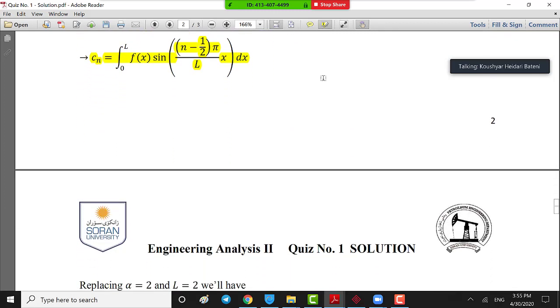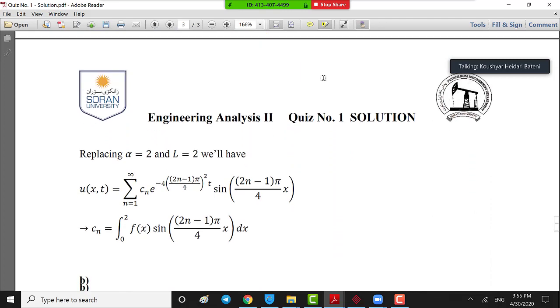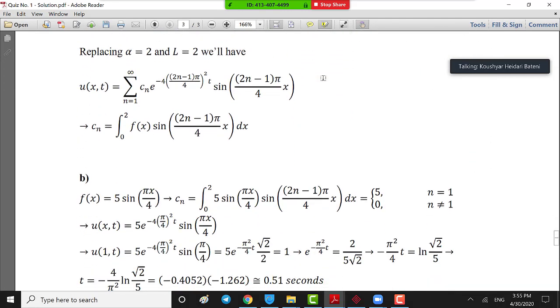We replace alpha equal to 2 and L equal to 2 into it, and we reach this. u of x and t is equal to the sum from n equals 1 to infinity of Cn e to the minus 4 times ((2n minus 1) pi over 4) to the 2 times t, times sine of (2n minus 1) pi over 4 x.